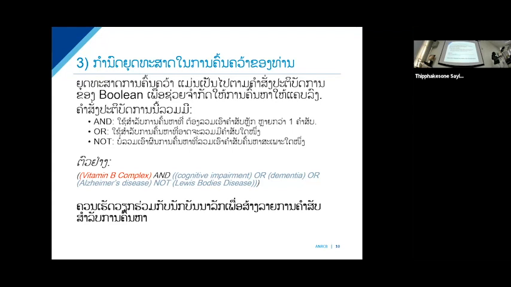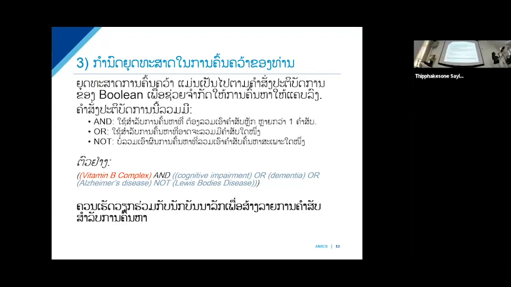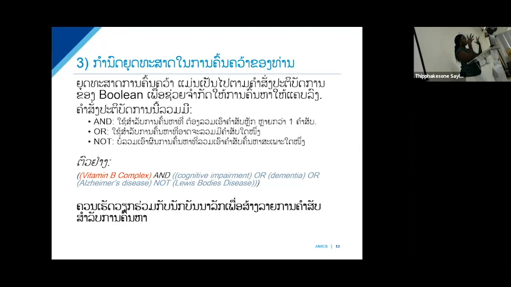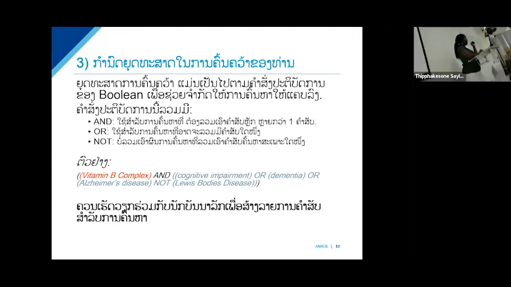I'm not exactly sure what Lewy body disease is, but it's not related to cognitive impairment. So you use and to combine, or to provide alternatives, and not when it's not your area of interest.